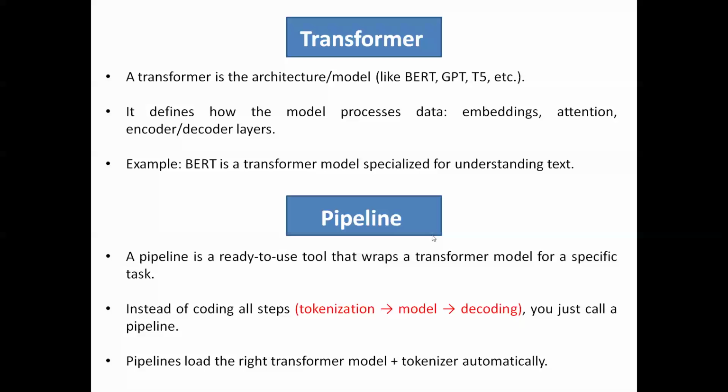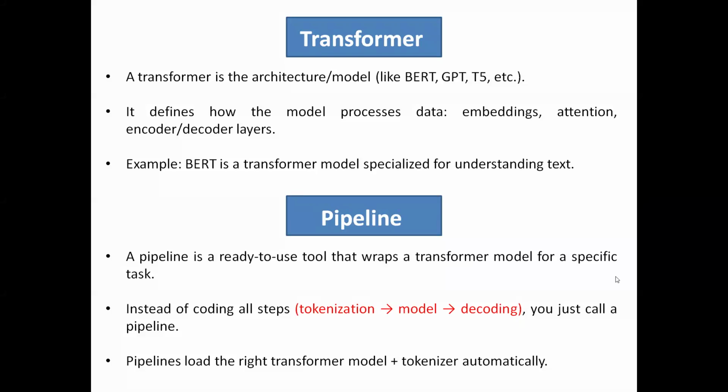The pipeline is the upper layer, or top layer, to use transformers. It is a ready-to-use tool that wraps the transformer model for a specific task. If I want translation, I will use the translation pipeline. If I want summarization, I will use that particular pipeline. If I want to predict the next word or expand a paragraph, I will use a pipeline. Rather than taking the entire transformer and its complete architecture, I will simply call the pipeline function.